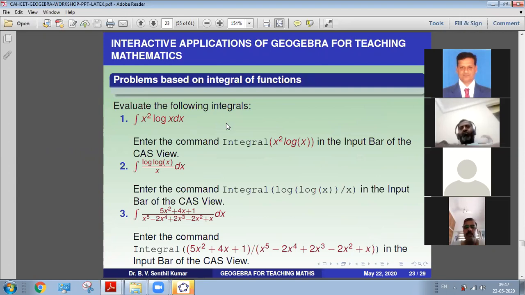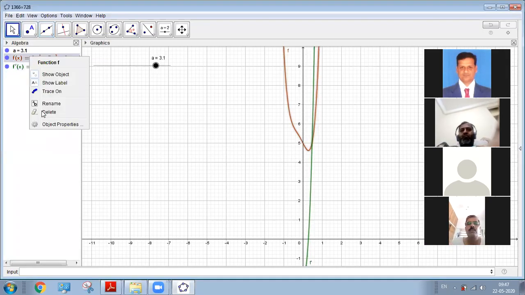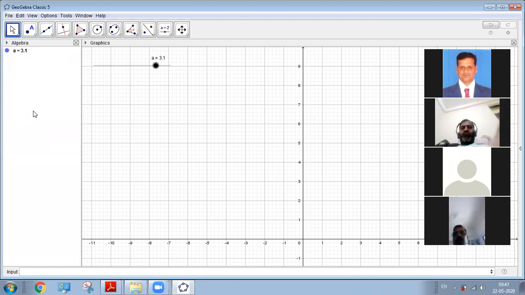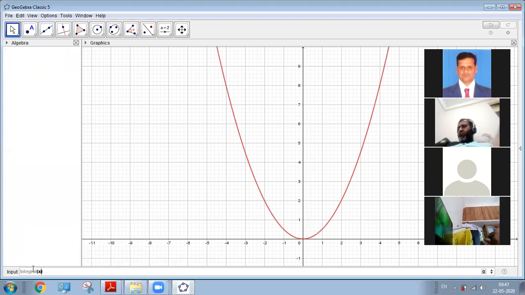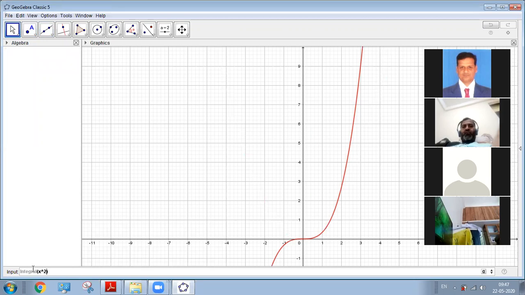You can also evaluate integrals of functions. For example, if you want to find the integral of x square log x dx, for that you have to use the integral command: integral x power 2 log of x.